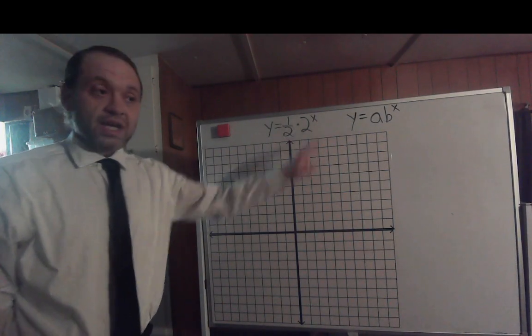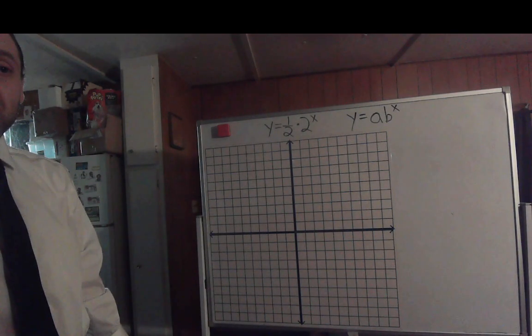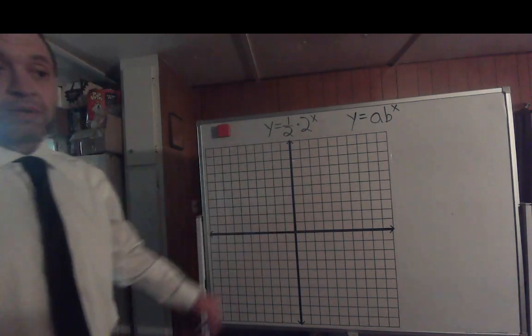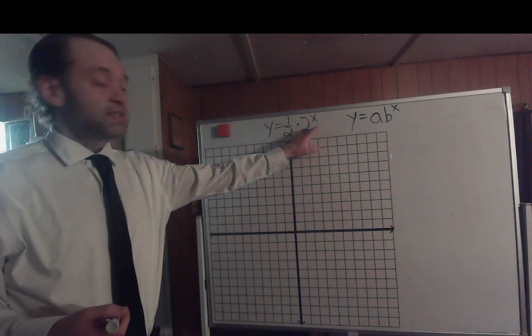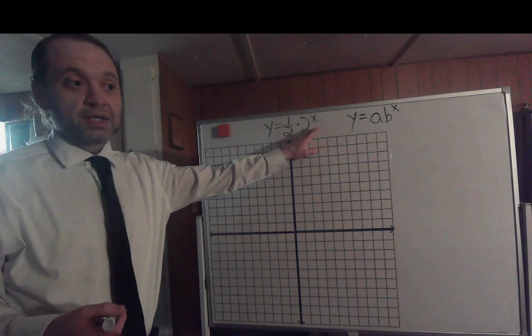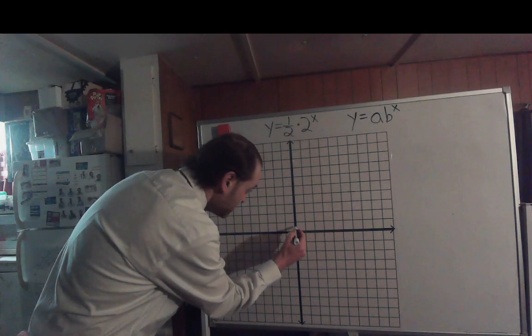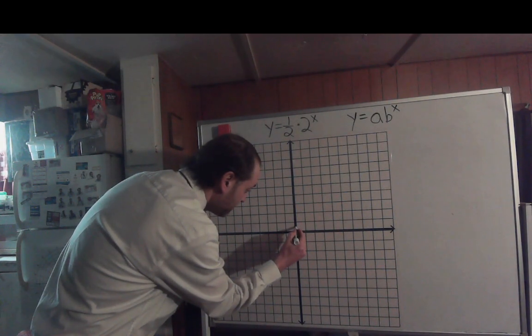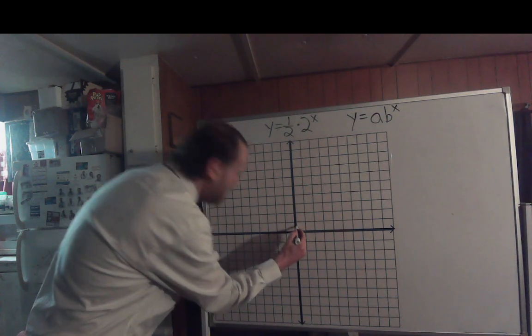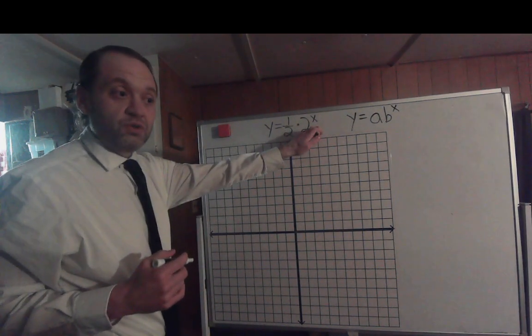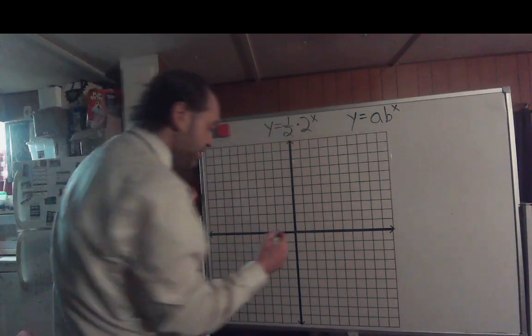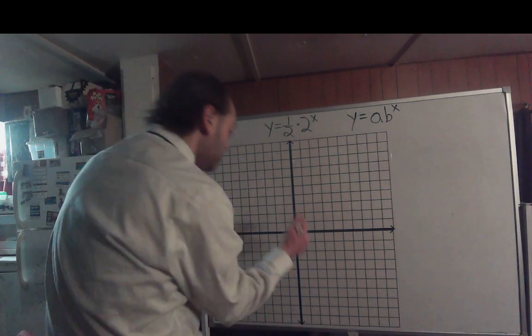So 2 to the x, let's make x 0 again. Every unit will be worth 1, by the way. So when x is 0, 2 to the 0 is 1 times 1/2. That'll put you at 1/2. So you'd be at the point (0, 1/2). Now how about when x is 1? So 2 to the first is 2 times 1/2 is 1.